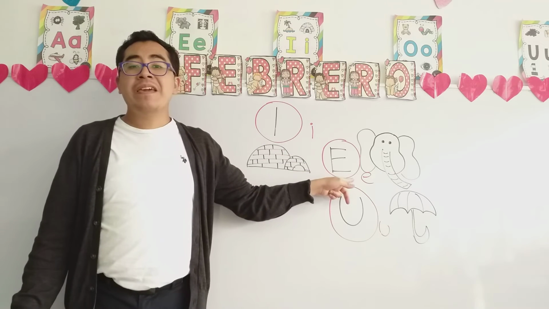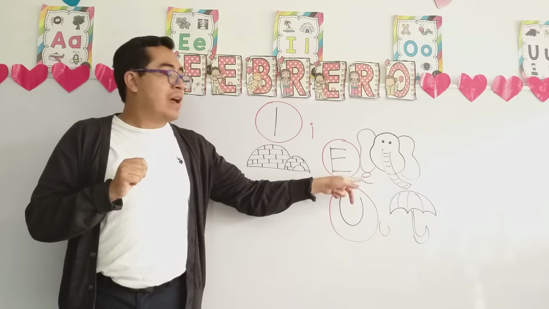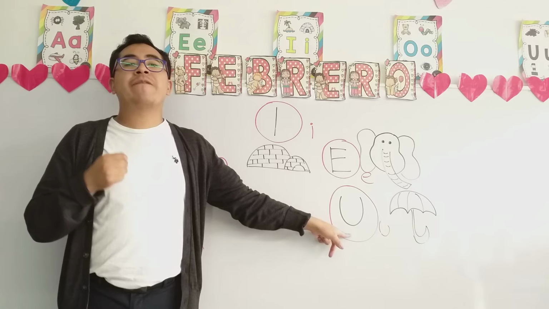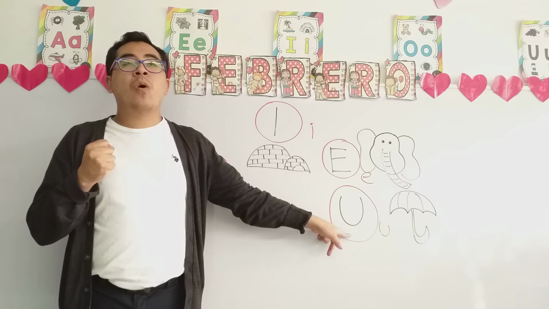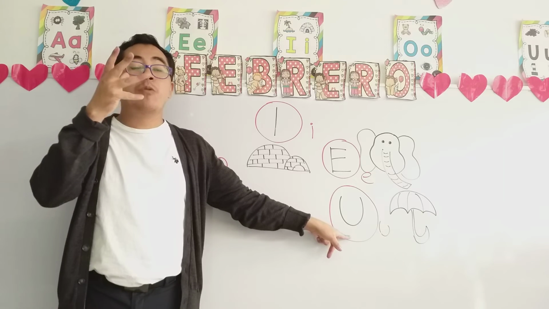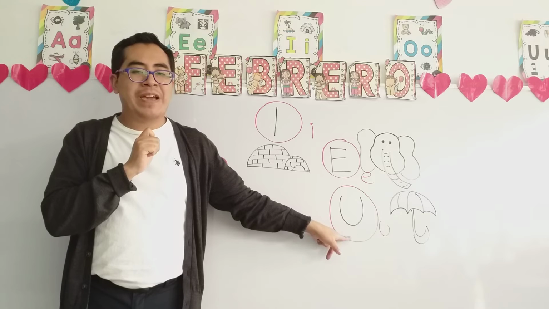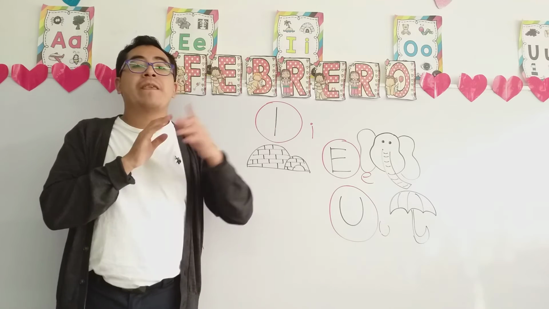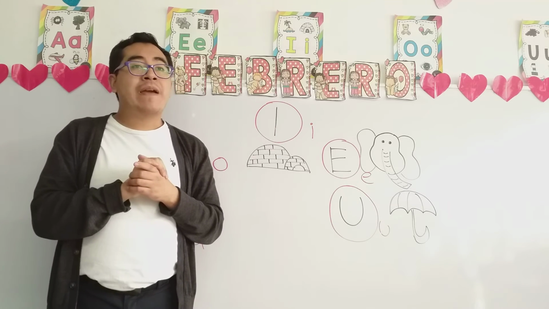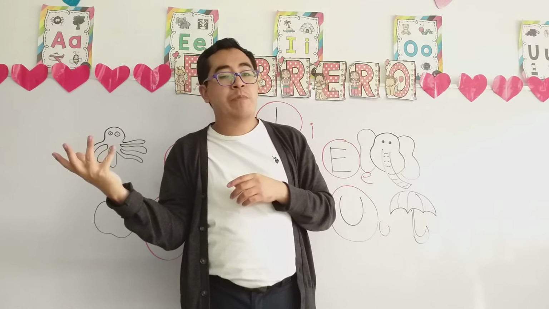For letter E, we have Elias, Elian. And for letter U, we have Ursula. Okay, Ursula, let's keep it with that name. Okay, very good. So, as you can see, vowels or letters, we can use them for names of people and names of objects.